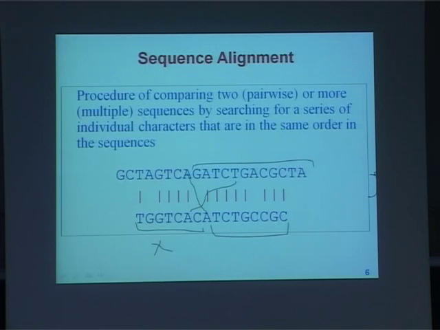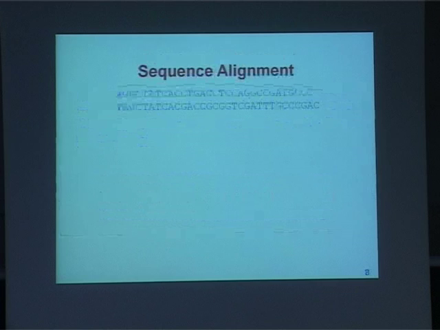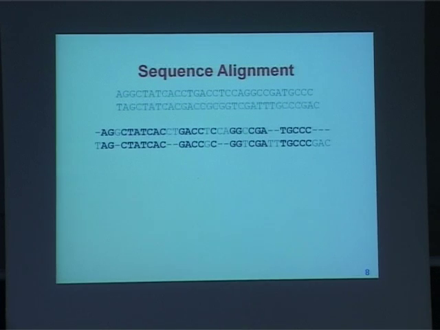And everything needs to be matched with something else, with another amino acid or a gap. So we are going to match every letter with either another letter in the other sequence or with a gap. Gap is also sometimes denoted by a dash like this.